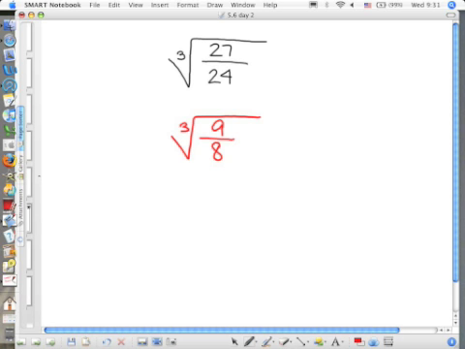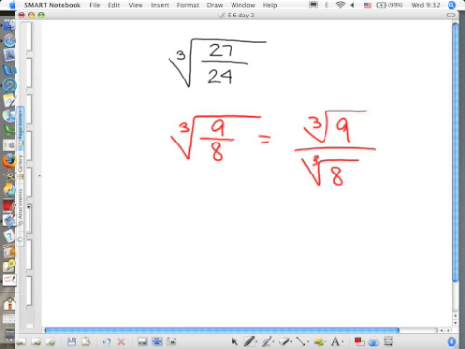Oh, that worked out. Sorry. Since they are both under a cubed root now, this is the same thing as this. In the denominator, can you take the cubed root of 8? Can you find the cubed root of 8? Yes. So since you can, you don't have to now multiply by the same thing.